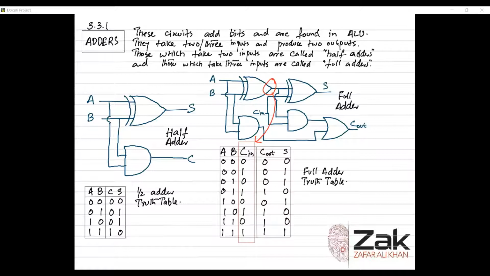Not this, sorry. A exclusive-OR B. 0 plus 0, 0, 1 plus 1, 1 plus 1.